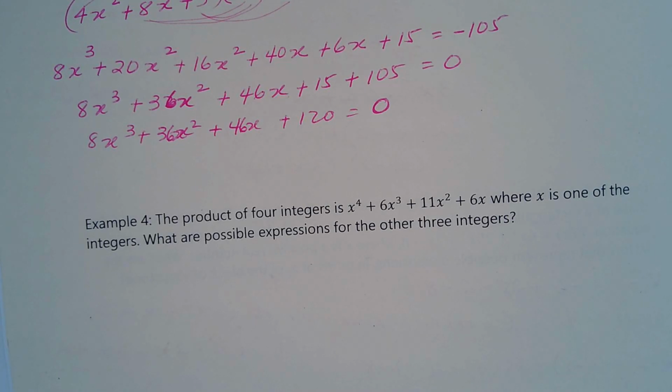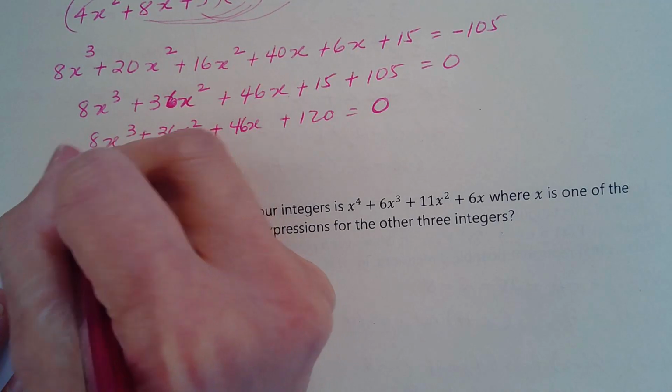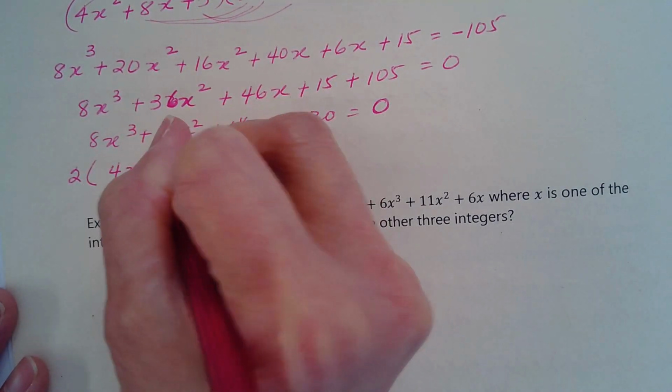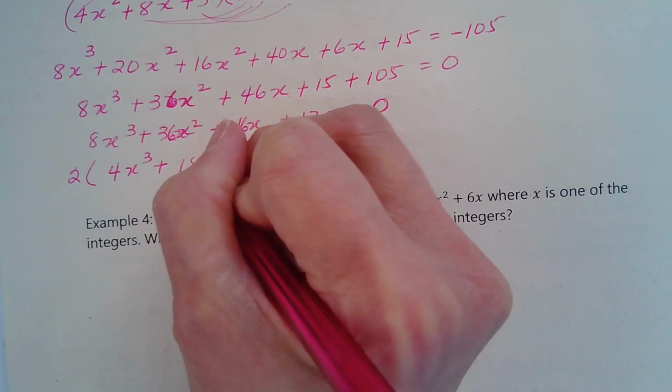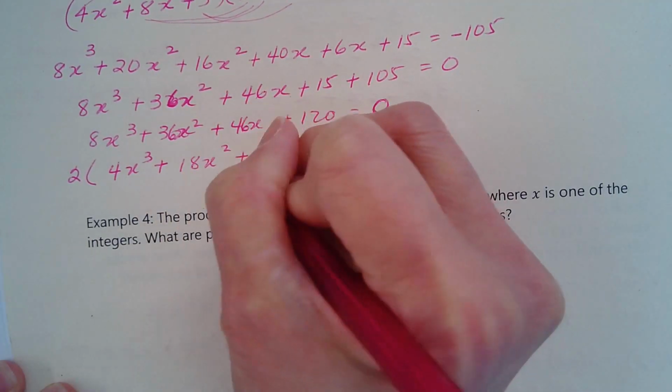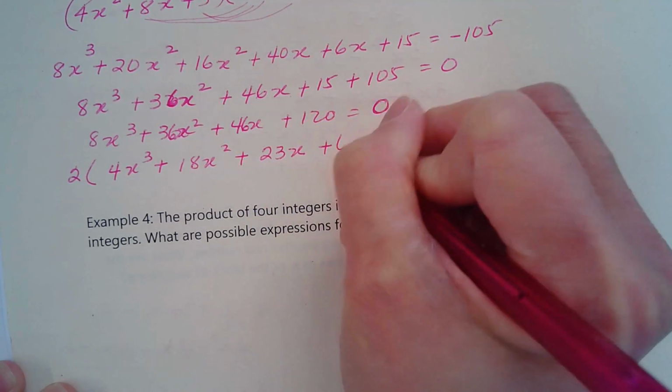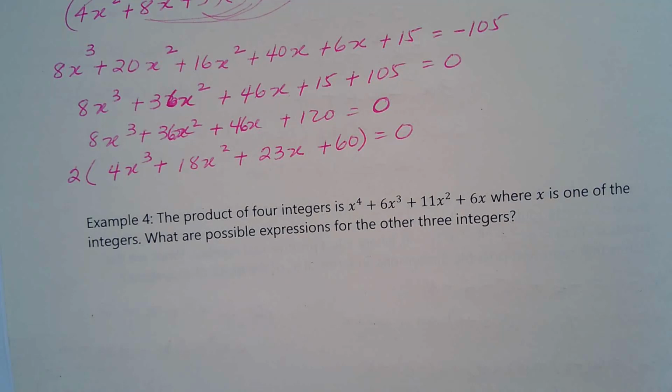Yeah. So what we can do is factor out the 2 to make it easy for us. It gives us 4x cubed plus 18x squared plus 23x plus 60 equals 0.